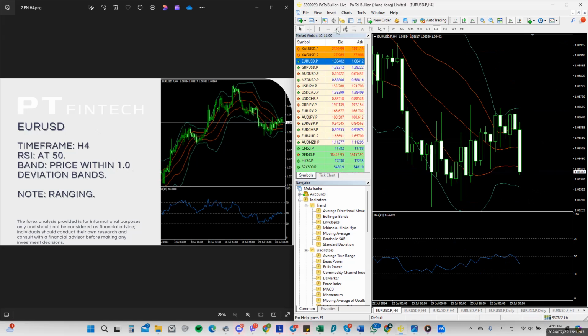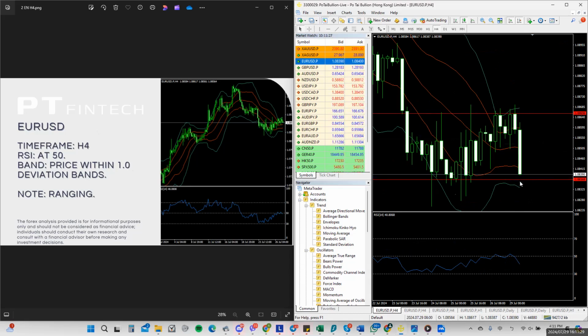So from what you're seeing, that's a strong resistance, and this is support. To justify if the bears are going to prevail, the prices would need to break below this support line, 1.0836.